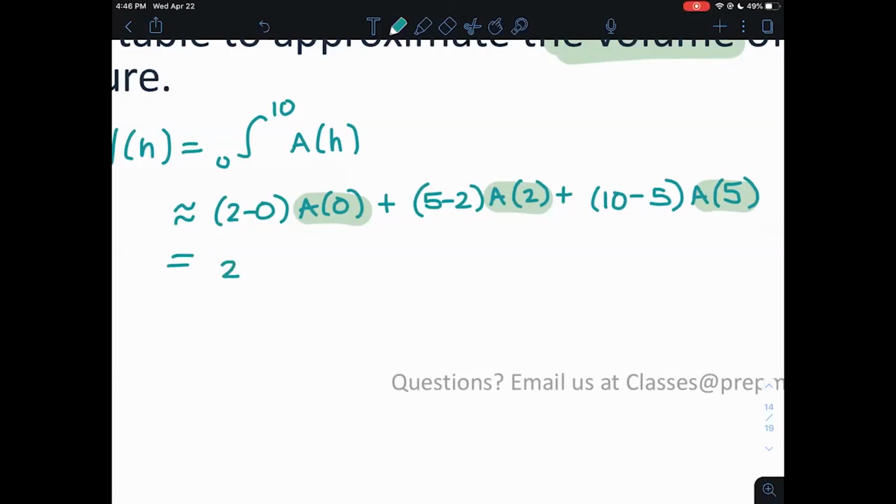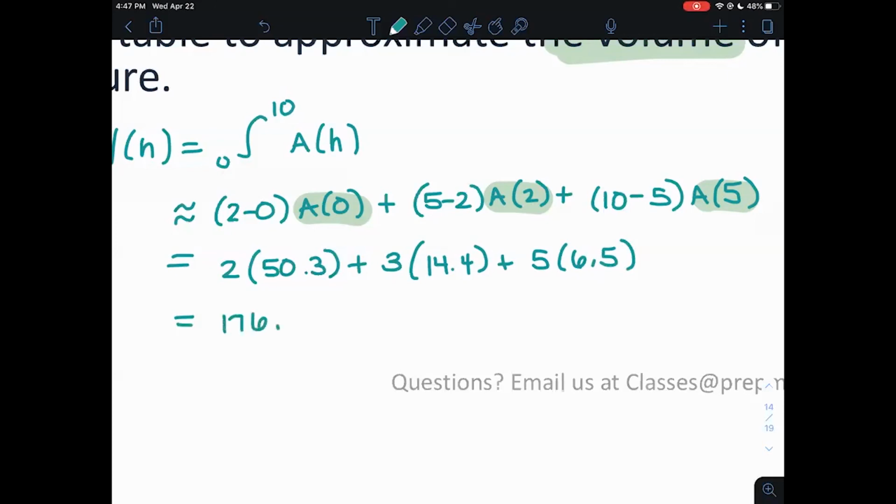And if I just write these out here, so I'll have 2 times 50.3 plus 3 times, I know I took the table off your screen, I'm sorry, 3 times 14.4 plus 5 times 6.5. And then that is completely equivalent to, what does this one give us? 176.3. This is volume, so this is cubic feet.